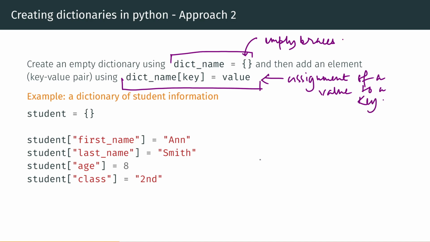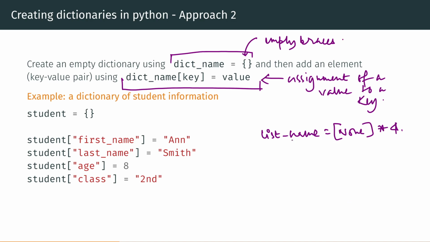If the key exists, its value would be changed. If the key does not exist, it would be added. If you remember, we did something very similar in lists. If you had to create a list in which you did not know the number of items beforehand, or you knew the number of items but did not know what the items exactly were, you'd say list name equals None times, let's say 4.